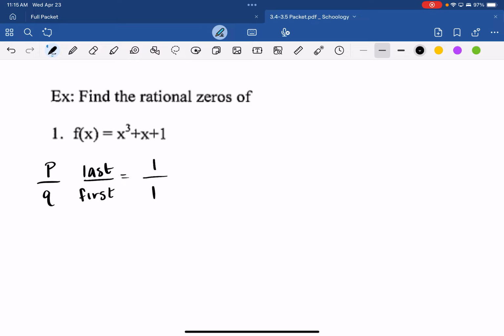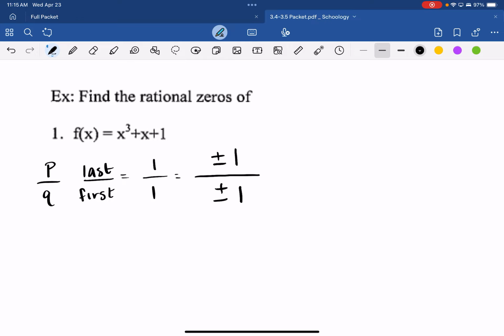Now, to find my rational zeros, I need to list out my factors of the numerator and my factors of the denominator. So to get a positive 1, I could multiply 1 times 1 or negative 1 times 1. So the factors of 1 are just positive and negative 1.